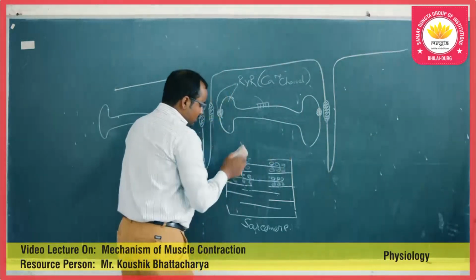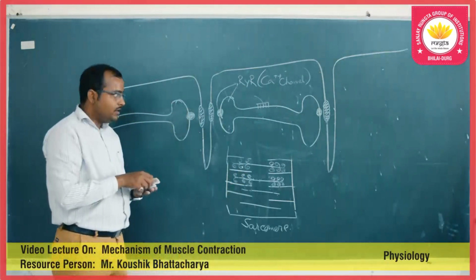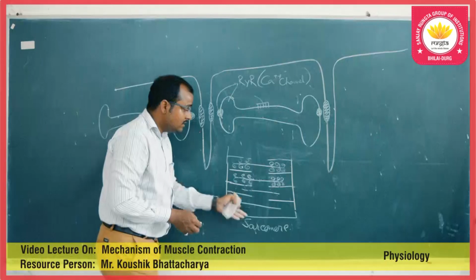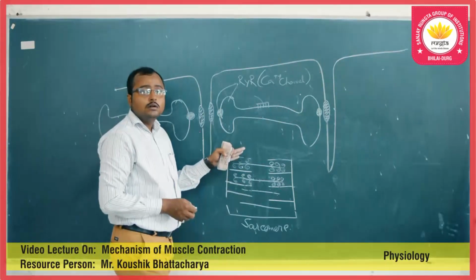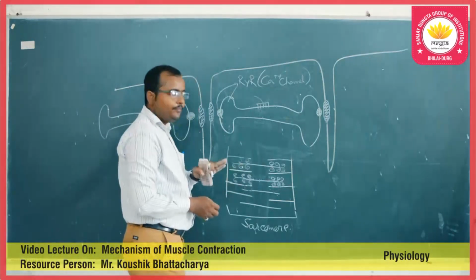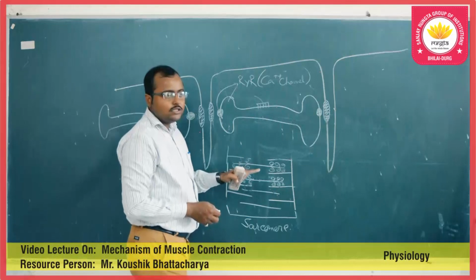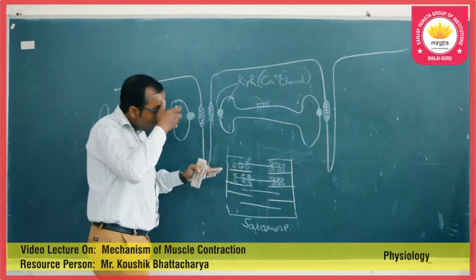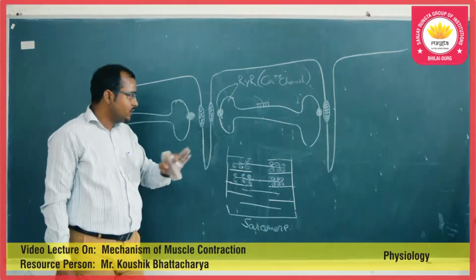So let's start from the previous. This is the structure of the sarcomere, which is present on the myofibril area, and actin and myosin, these two contractile proteins, are mainly helping in the muscular contraction.